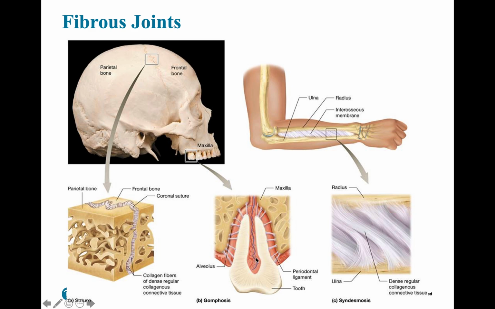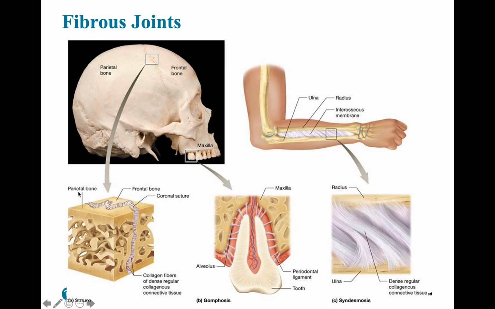They are classified as synarthrotic functionally and fibrous structurally. Syndesmosis joints, we can either have interosseous membranes or interosseous ligaments. We classify them as amphiarthrotic functionally, and they are also classified as fibrous structurally.